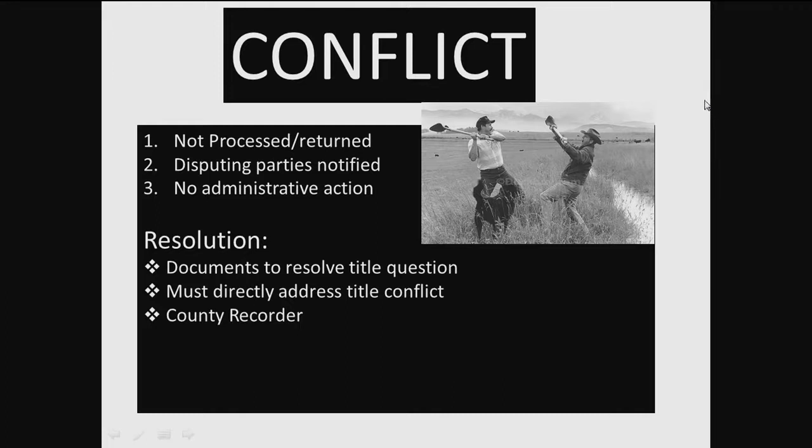And they can either resolve it by an agreement or by court order. But whichever way they choose to do it, the documents will need to resolve the title question. It must directly address that title conflict, and then it will need to be recorded with the county recorder.